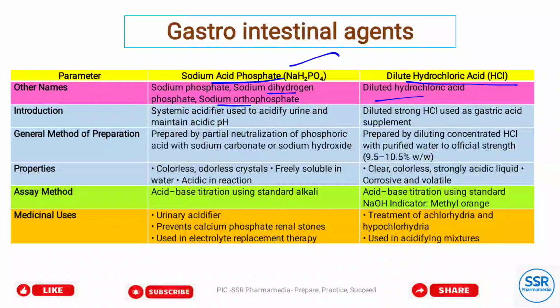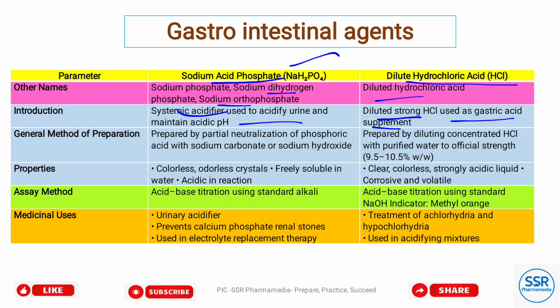Now the introduction to these two acidifiers. Sodium acid phosphate is used as a systemic acidifier, used to acidify urine and maintain acidic pH. Dilute hydrochloric acid is diluted strong HCl, used as a gastric supplement. So that is the difference.